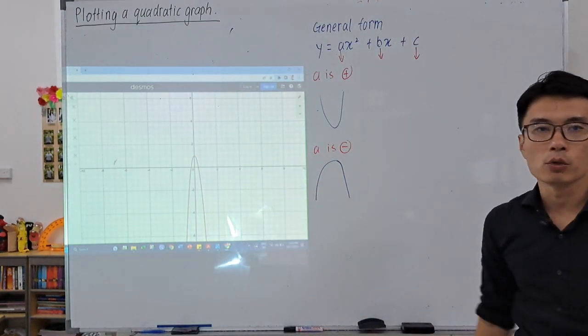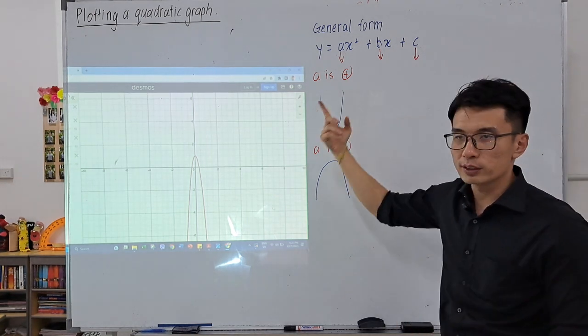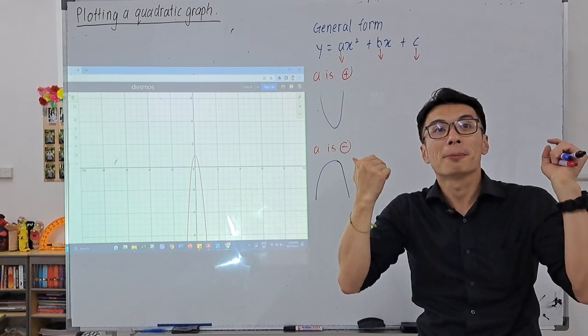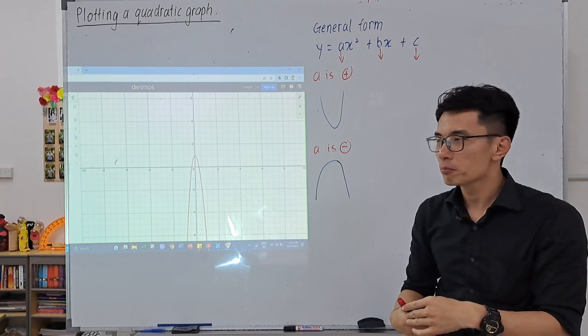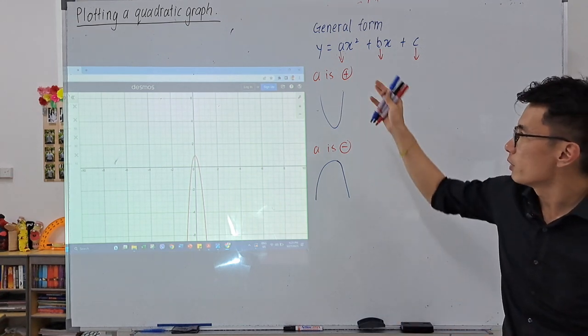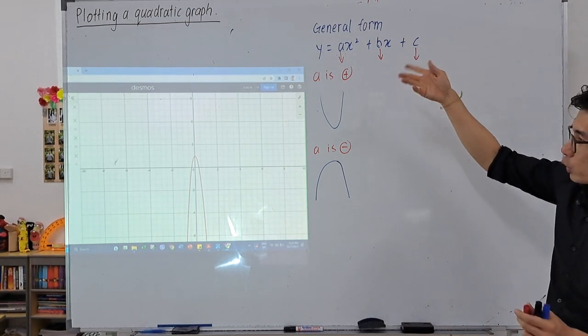You can see an example over there. How I like to think about this: if a is positive and more positive, your smile will be sharper. That gives me a good example to keep as my long-term memory. So that's the value of a.